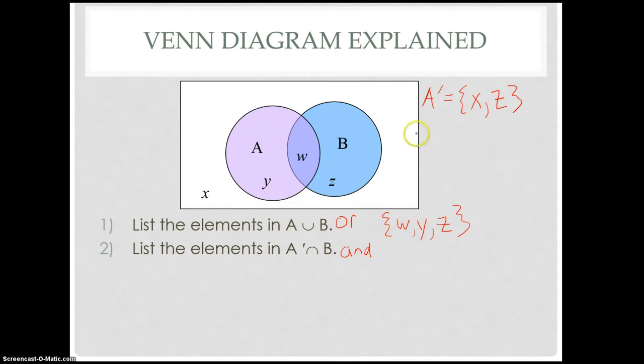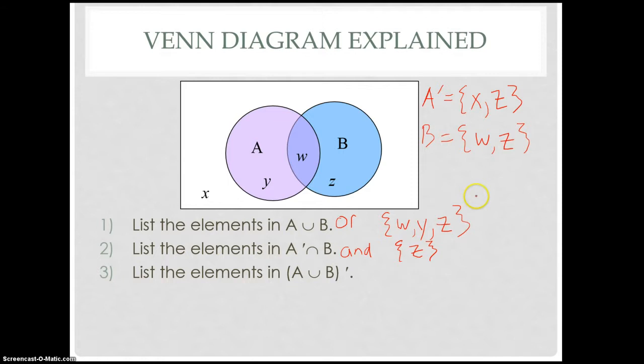So we're looking for, and let me just go ahead and list the things in B here. B is W, Z. So we want to intersect these two sets. What is in A complement and in B? Well, that's simply the element Z. Z is the only thing that's in both of those sets.